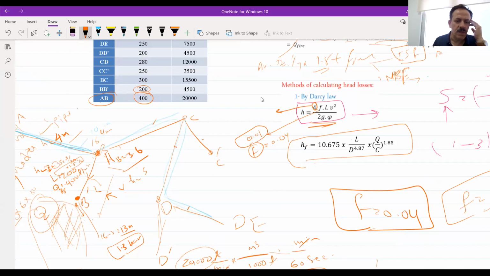If I use this pipe and this pipe together, the head loss from A to B bar will be 4 plus 3, which is 7 meters. Am I right?